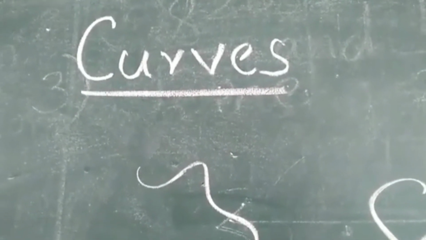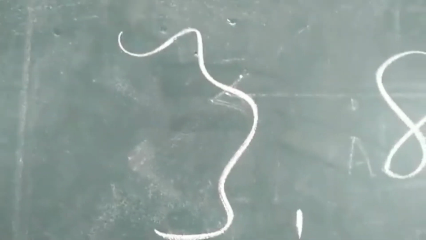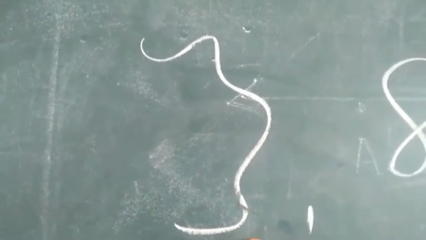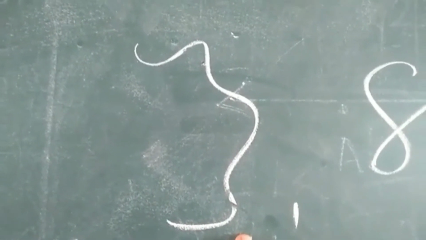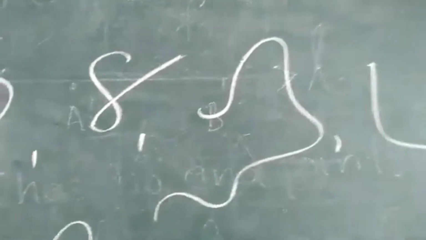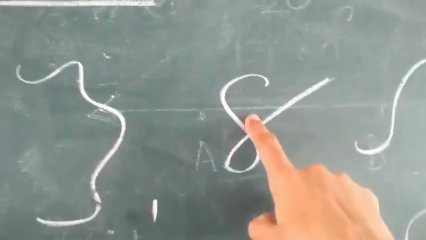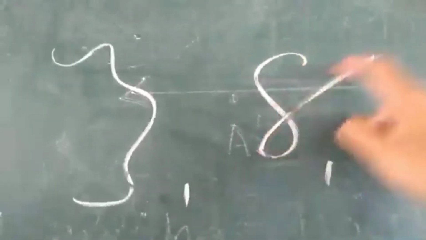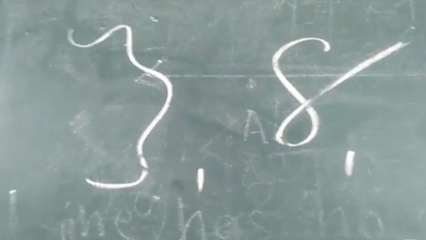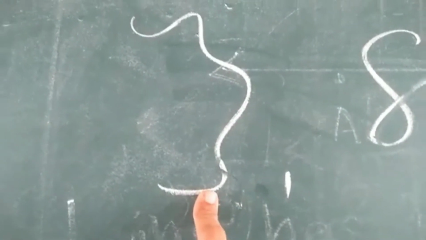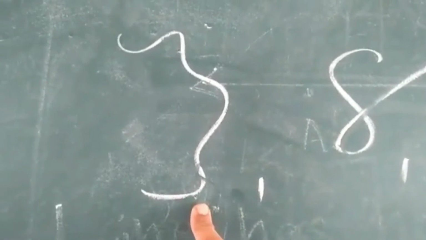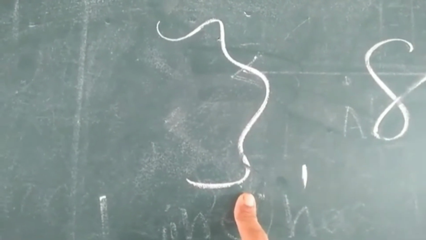Next point is curves. If we draw some figures like this in a flow without breaking, these figures are called curves. You can see some curves like this you can draw. But here this figure is crossing itself. So if a curve does not cross itself, it is called a simple curve.